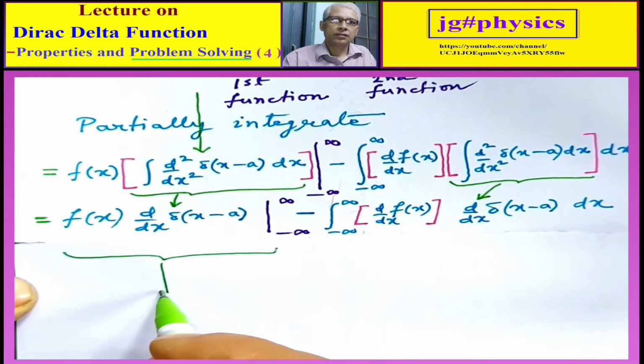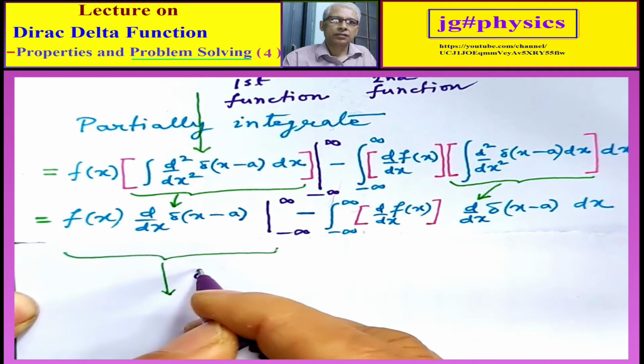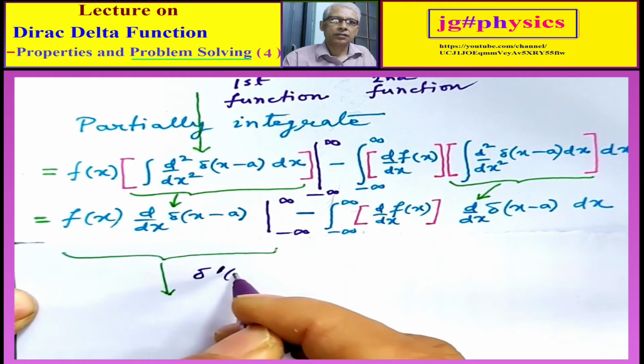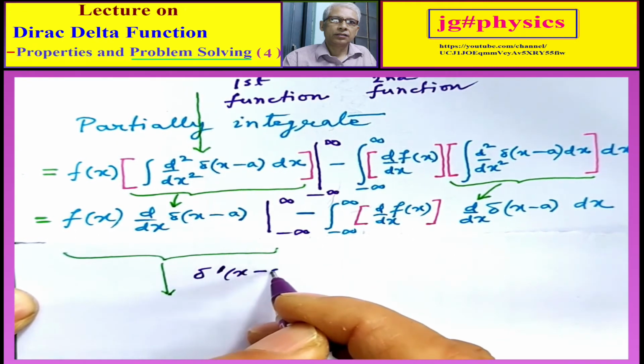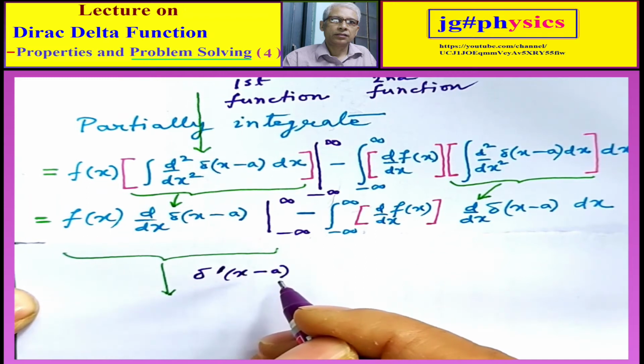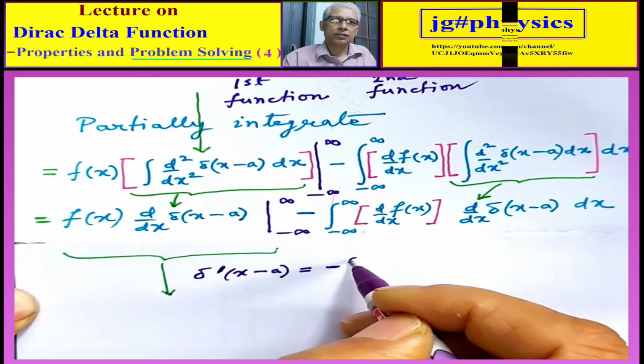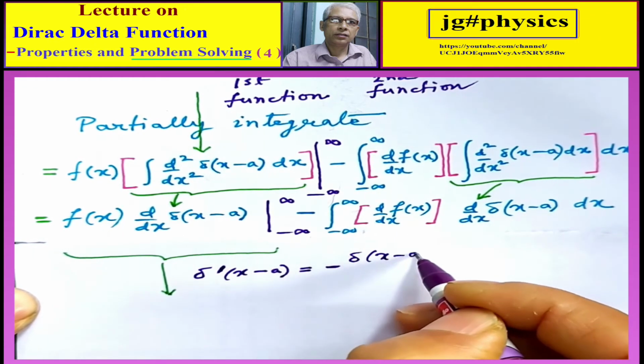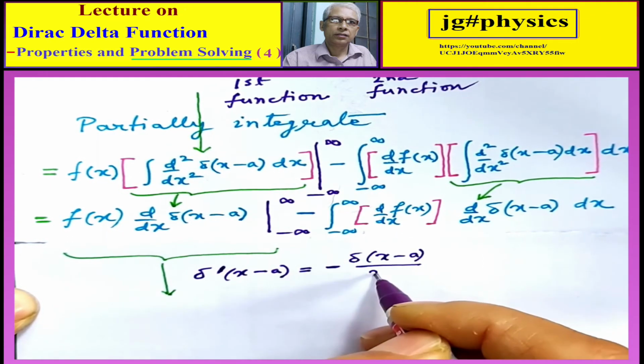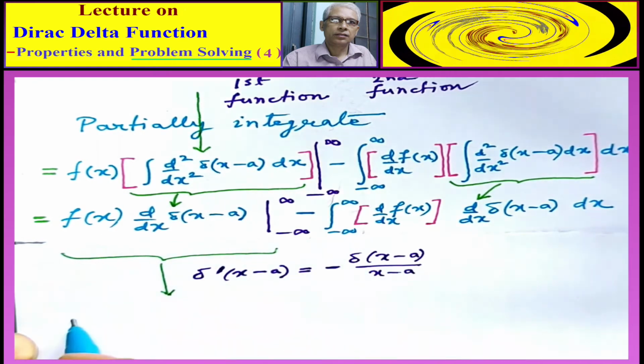Now the first term involves the first derivative of Dirac delta x minus a, and we can use the relation minus delta of x minus a by x minus a for delta prime x minus a.